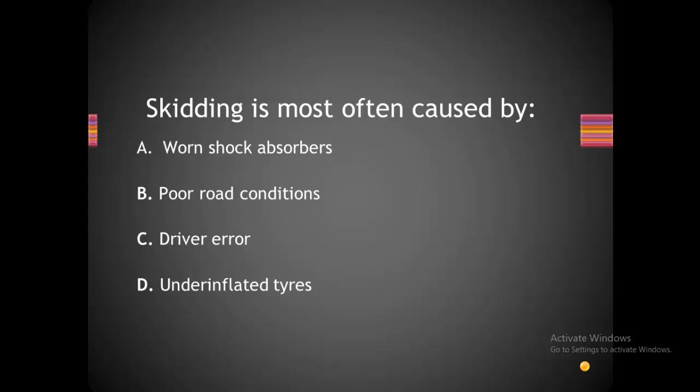Skidding is most often caused by option A, worn shock absorbers. Option B, poor road conditions. Option C, driver error. Option D, under-inflated tires. So which is the correct answer?